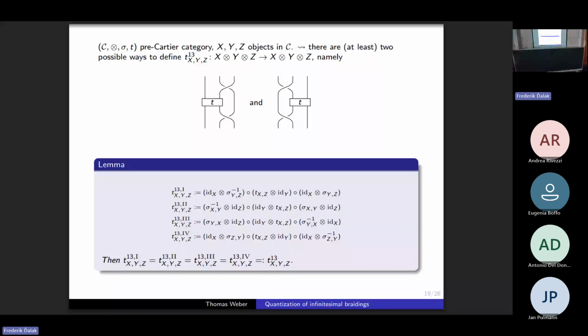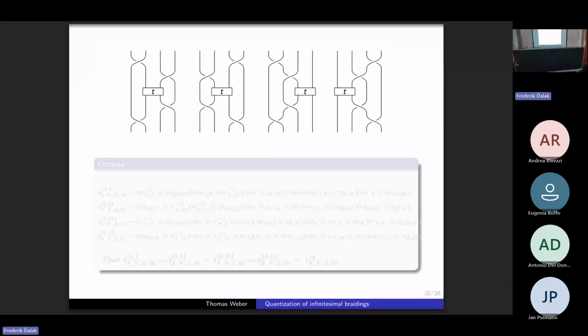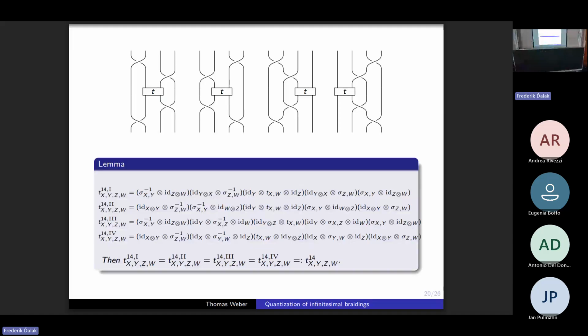And now there's the fourth thing. Similarly, you can think of you want to apply a T in a 4-fold tensor product to the first and the last one. So you can either braid like this, then apply T or braid back, or do all kinds of strange combinations here. All of these are the same. So all of what's written here is just to say all combinations here give the same outcome.